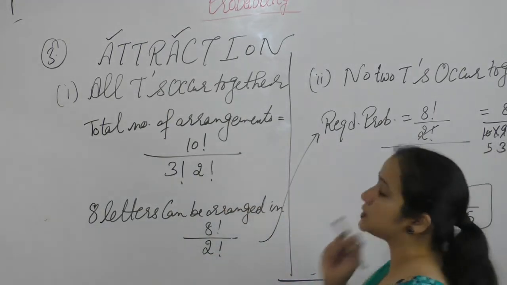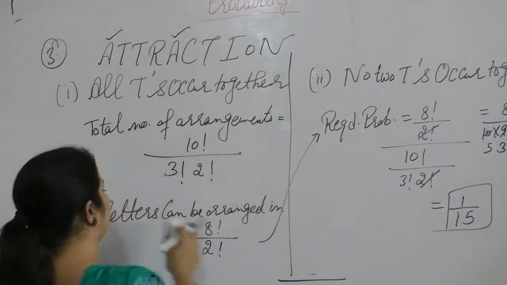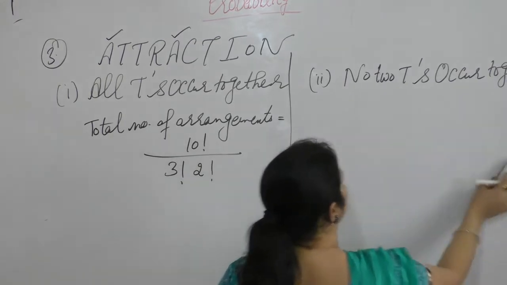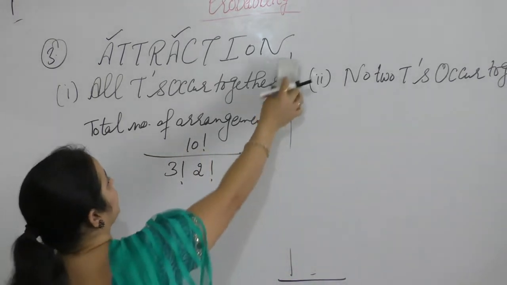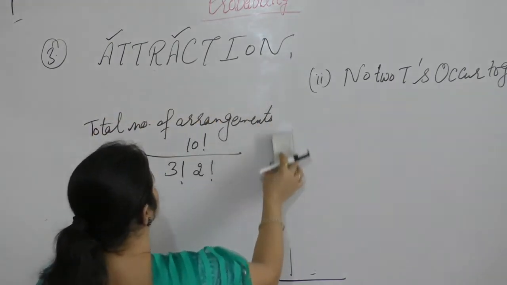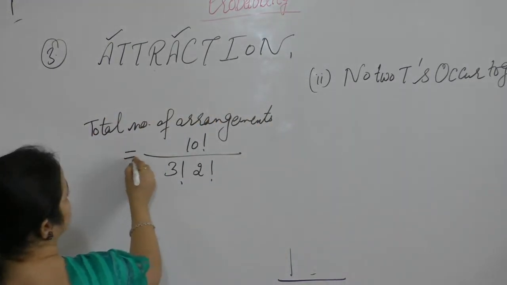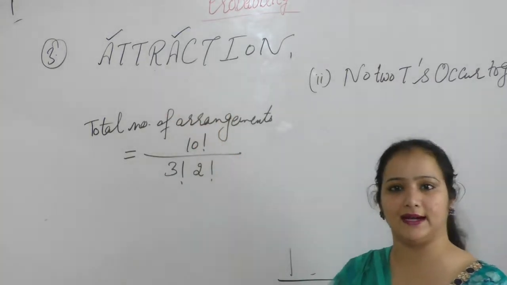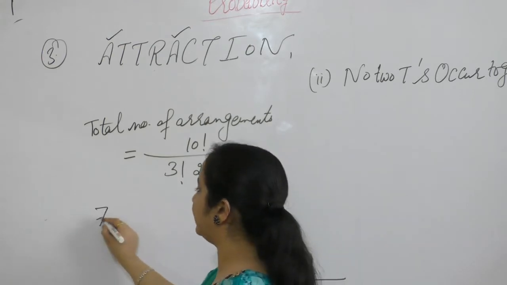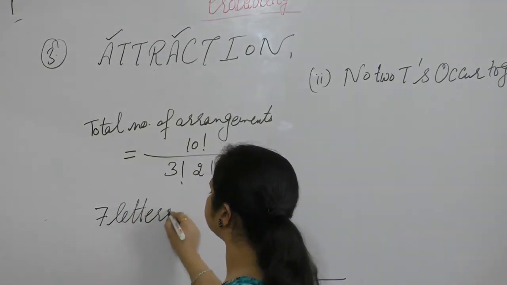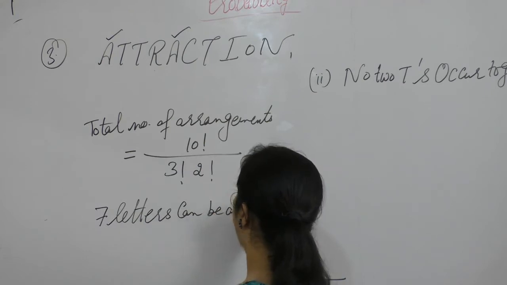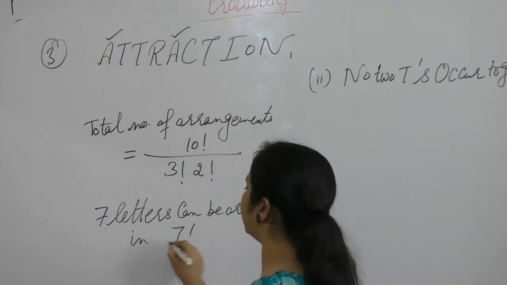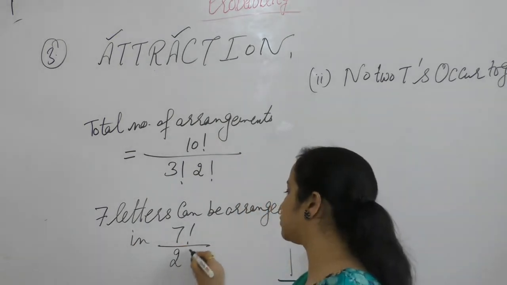Now the second part is, no two T's occur together. If no two T's occur together, except T, there are 7 letters and we can arrange 7 letters in 7 factorial and 2 A's are there upon 2 factorial.